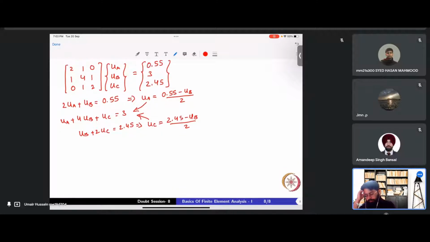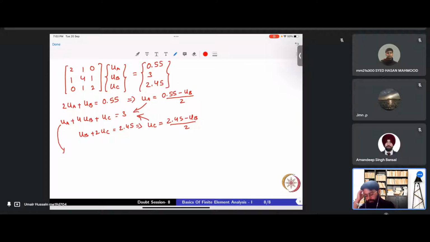What we'll get here is plus 4ub, and then for uc also we have 2.45 minus ub by 2 equals 3, and we can combine the ub terms.